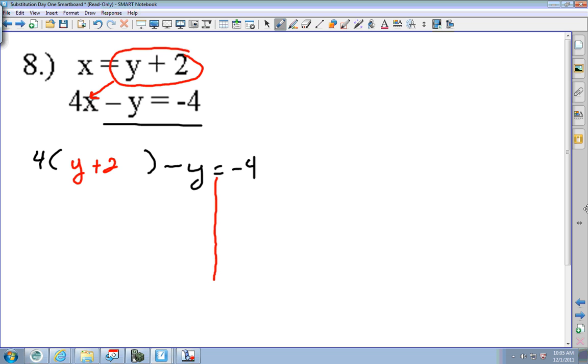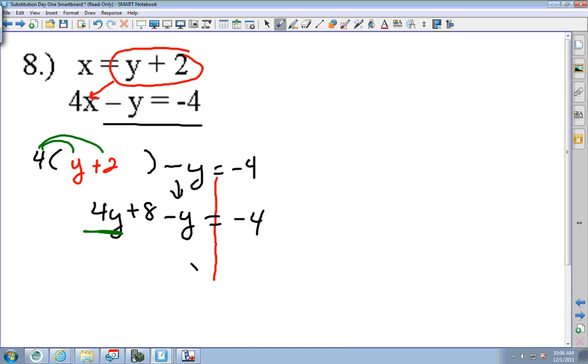Well, when you have parentheses, remember you have to do the distributive property. 4 times y, 4y. 4 times 2, 8. Bring down. Do I multiply that 4 by the negative y? Is it inside the parentheses? Now it's on the outside, so you just bring it down. And that equals negative 4.